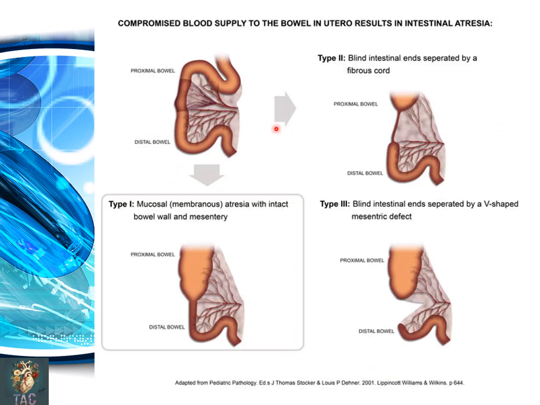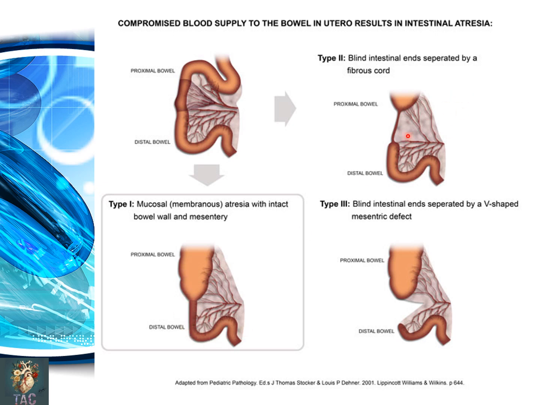Other anomalies are because of the compromised blood supply to the bowel in utero, that can result in intestinal atresia. So in this diagram you can see this is the area of the intestine where the blood supply is compromised. In the first, you can see mucosal atresia with intact bowel wall and mesentery. In this diagram you can appreciate that there is atresia of the mucosa, but the connection is intact.